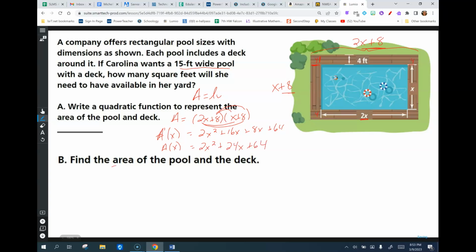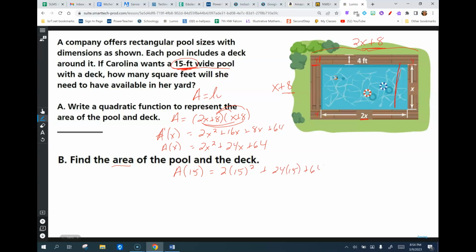Now it says it wants us to find the area of the pool and the deck. So what we have to use is that we know that the width of the pool, okay, she wants a 15-foot wide pool. So this right here is 15 feet wide. So all we're going to do is find the area at 15. So if I plug 15 in for x, I'm going to take 2 times 15 squared plus 24 times 15.